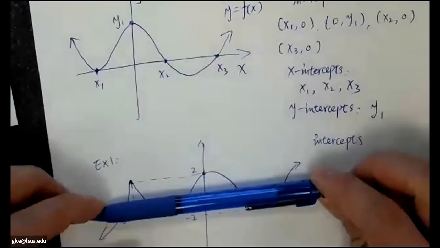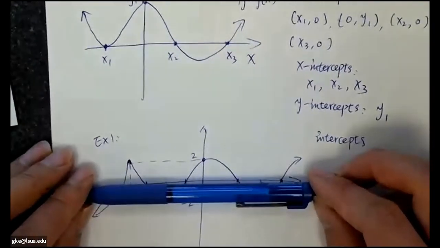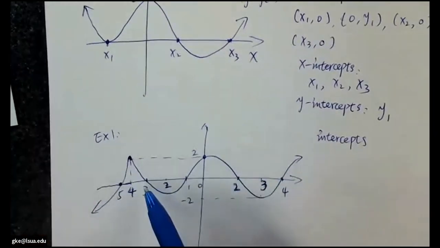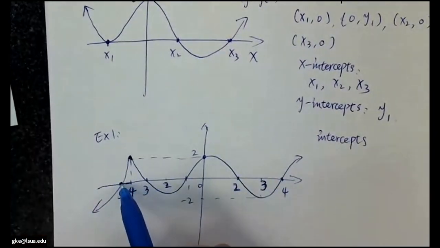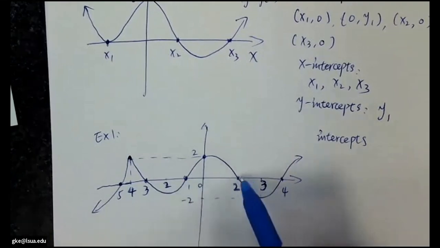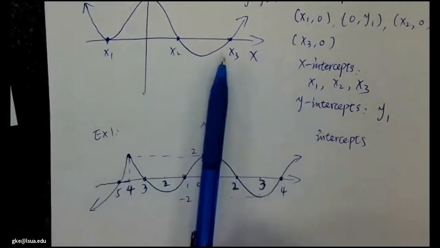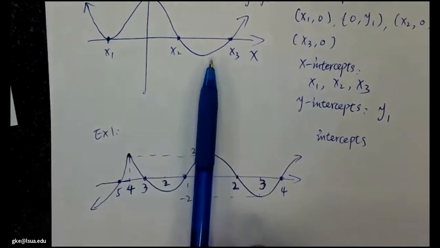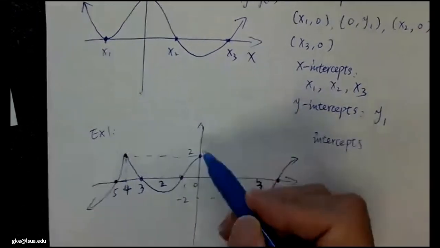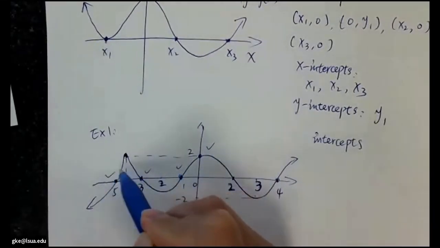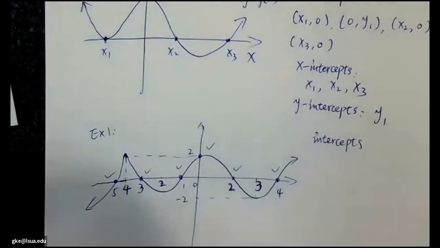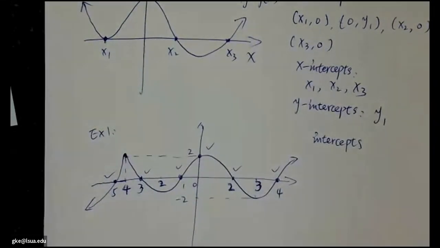So touches the x-axis, how many points? Touch or cross over the x-axis: this point, this point, this point, this point, this point. It touches or crosses over the x-axis, and touches or crosses over the y-axis. Just find all the points, crossing over or touching.